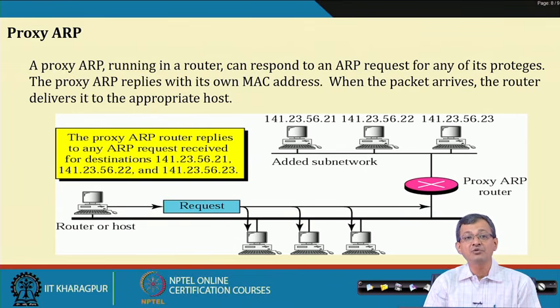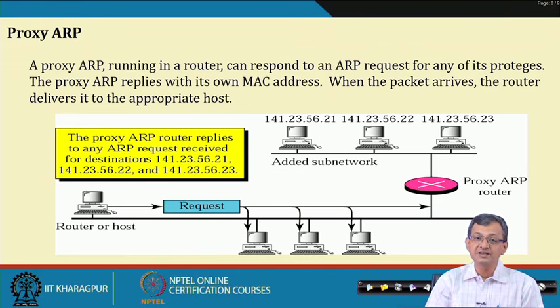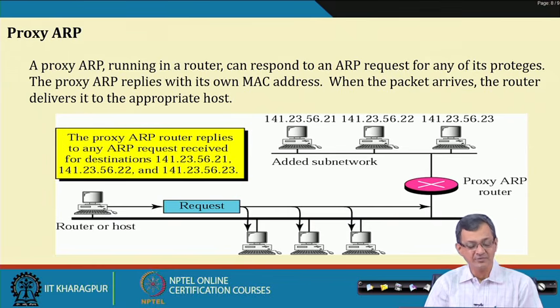The proxy ARP router replies to any ARP request for the destinations 141.23.56.21, 22, 23, so it proxies for the three systems, delivering and replying on their behalf.